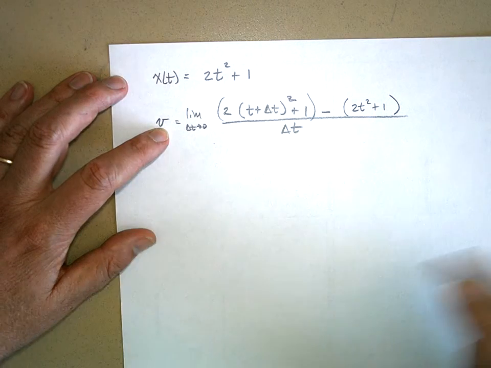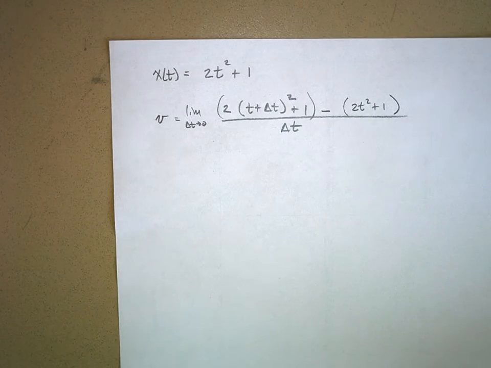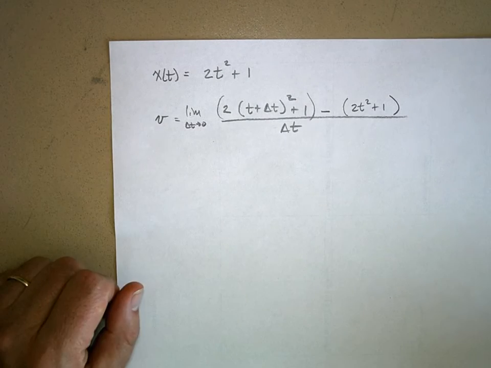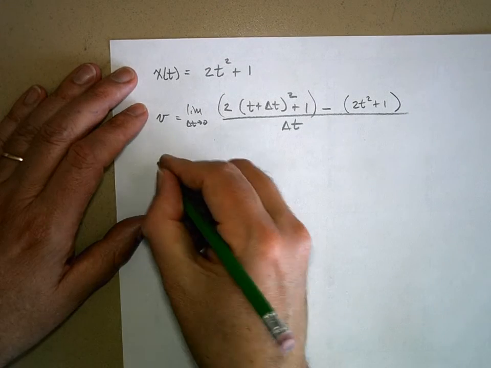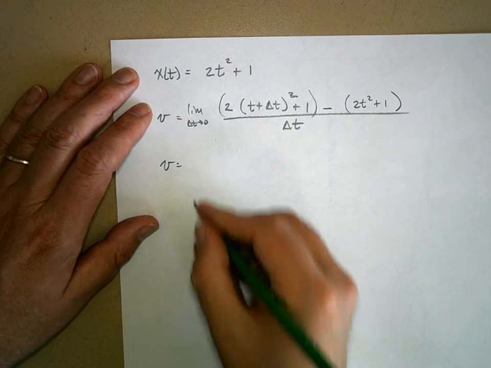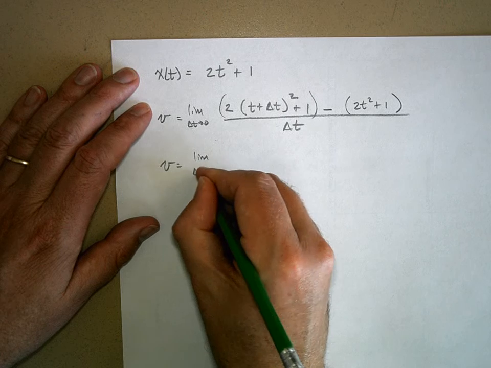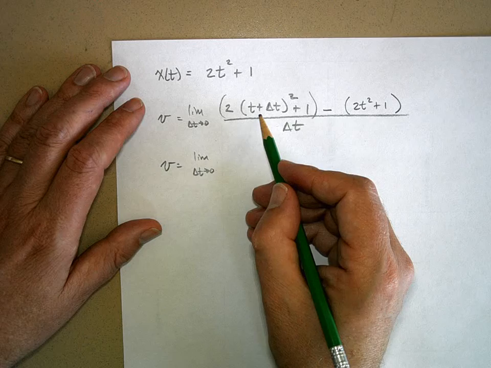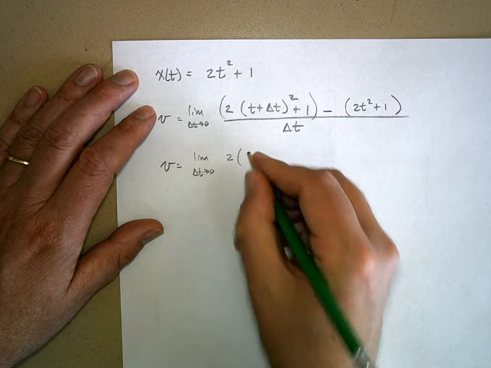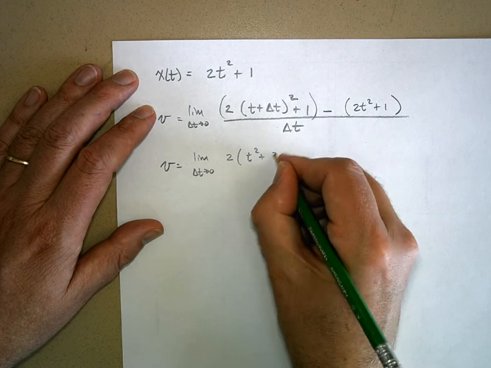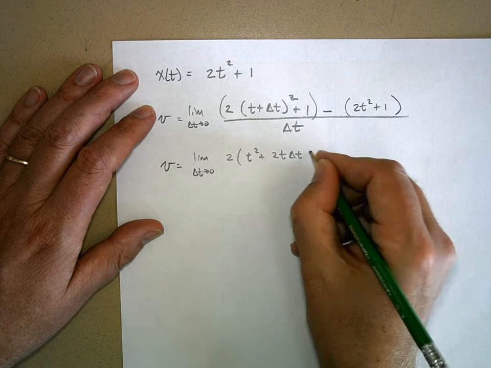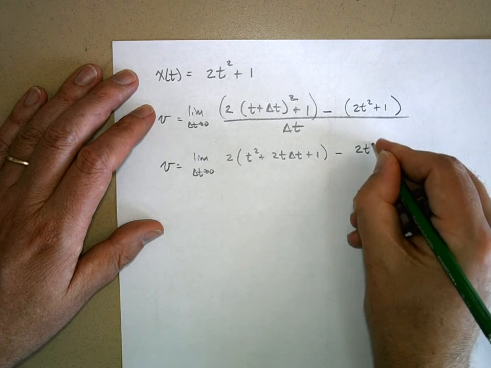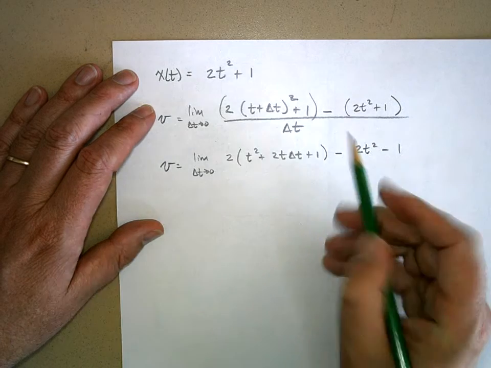Now, this is a little harder, because you got to square this thing, and it's getting messy, but we'll do it. V is equal to the limit as delta t goes to 0 of, all right, well, you've got 2 times t squared plus 2t delta t plus 1, right? Minus 2t squared minus 1. Did I do that right?